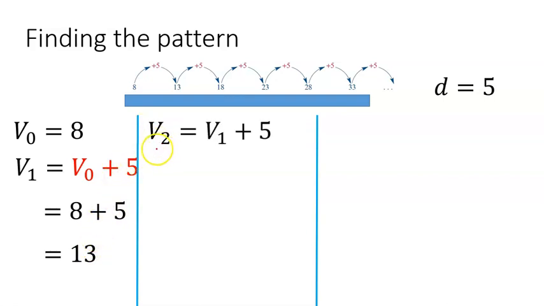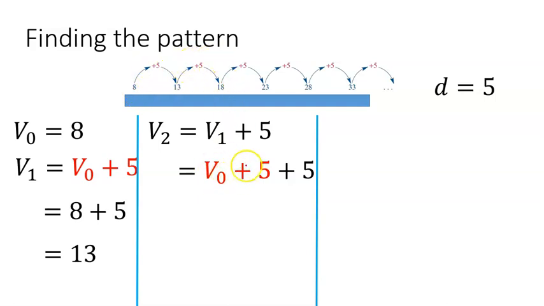To get v2, we need to then get v1, which is 13, and add 5. But we also know that v1, how we got v1 in the first place, was just getting v0 and adding 5. So to get v2, let's get v0 and add 5, and then add 5 again.